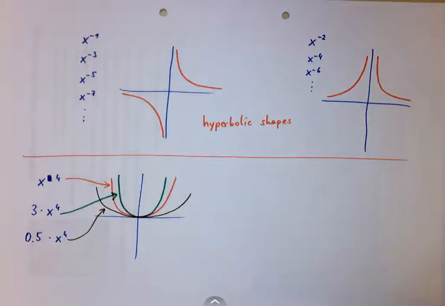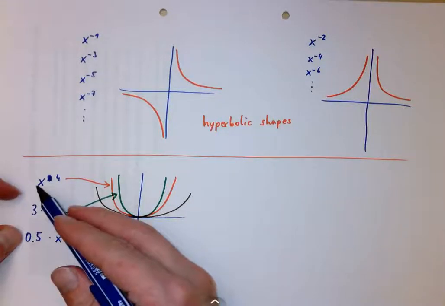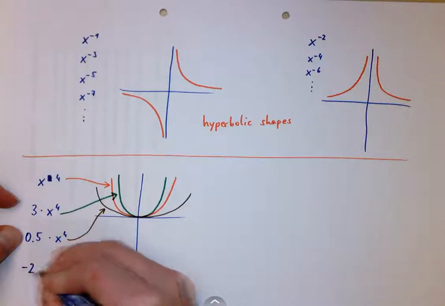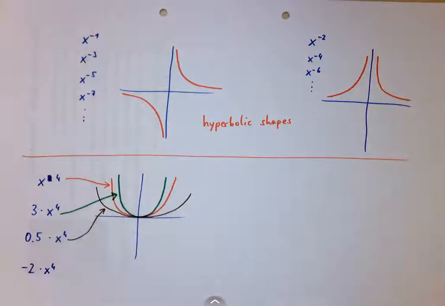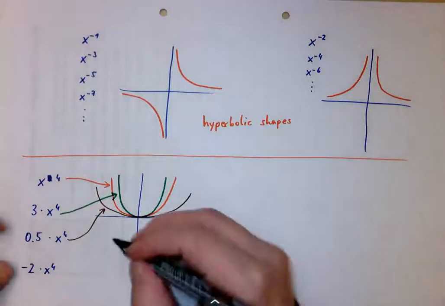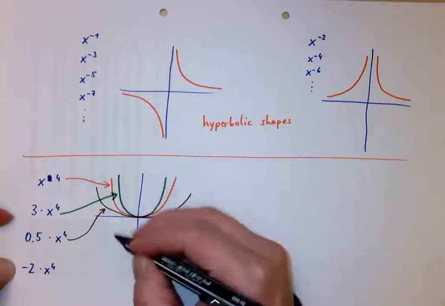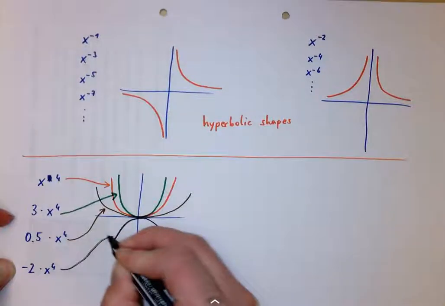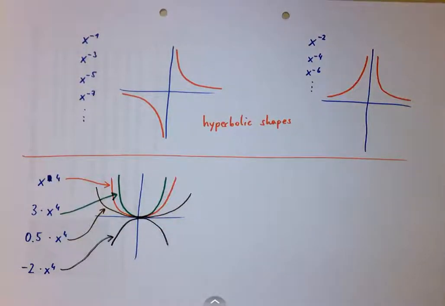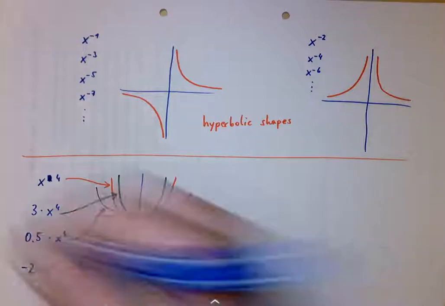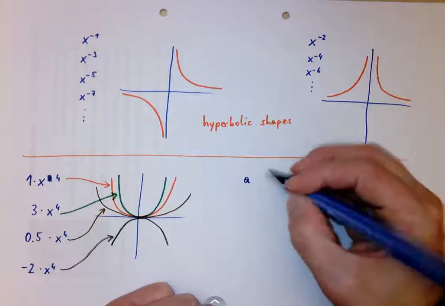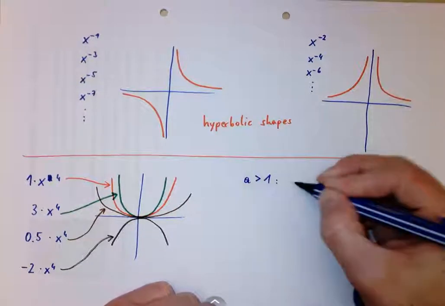There's also the possibility to invert it completely, because if you use a negative number for this parameter a, for instance negative 2 times x to the power 4, then you would invert the whole graph on the x-axis, and it would look like this. In this case we would have 1 for a. This parameter a means that if a is more than 1, then it's getting steeper.